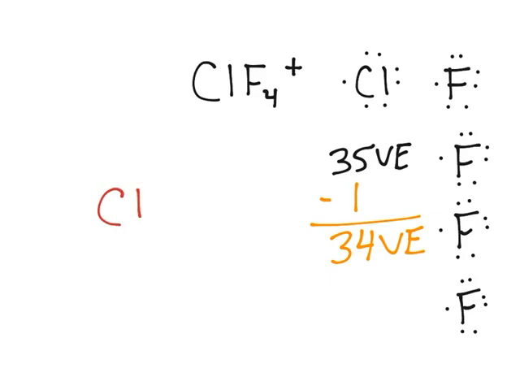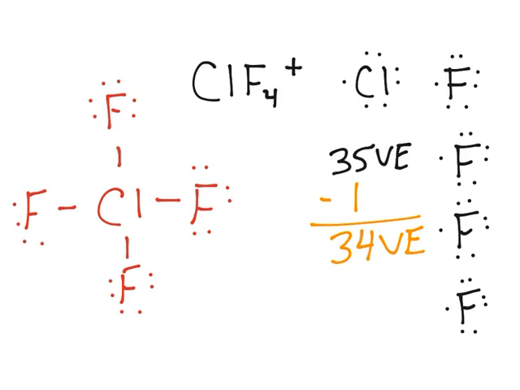Out of these 2, chlorine is the less electronegative, so it goes in the middle. We'll go ahead and surround it with those 4 fluorines. We'll give those 4 fluorines their full octet. Now we've just got to check our work.